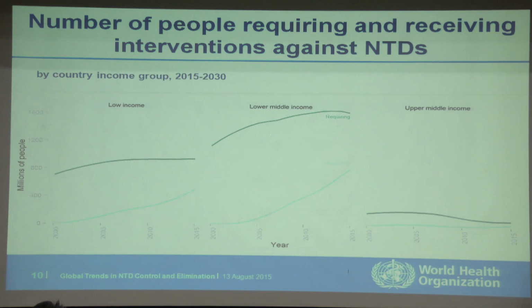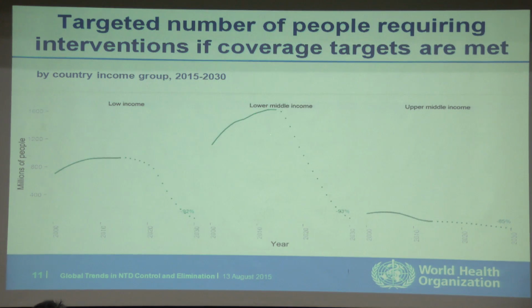If we can close that gap, what we expect to see happening beyond 2017, in fact, is a beginning decrease in the number of people that require interventions. So that by 2030, as a result of successful elimination and increased control, you would have upwards of a 90% reduction in the number of people requiring ongoing interventions.